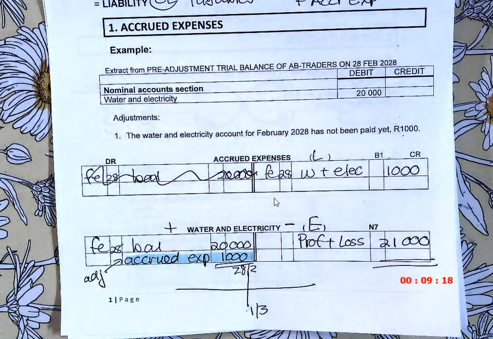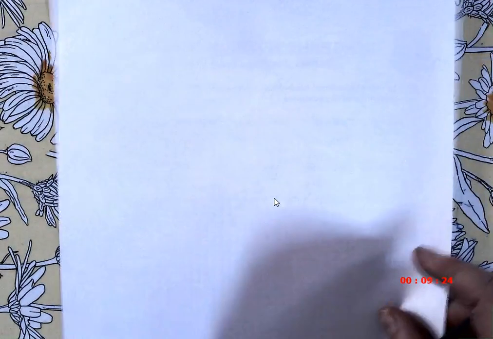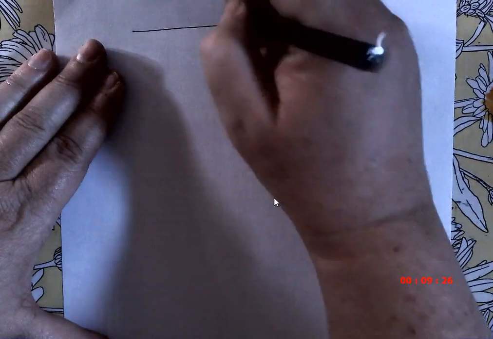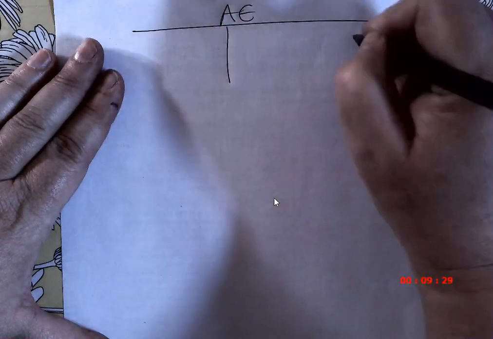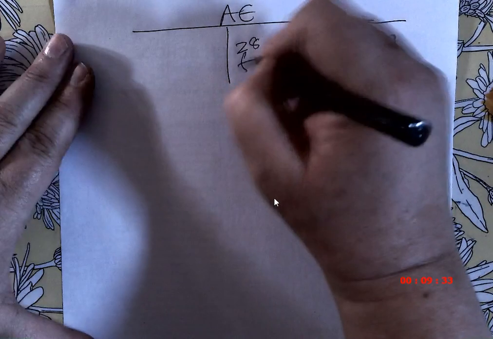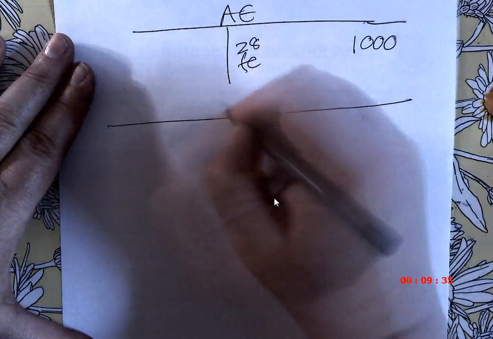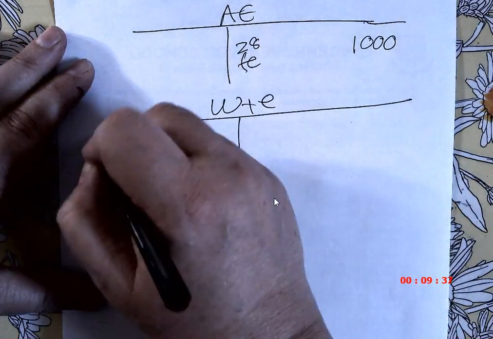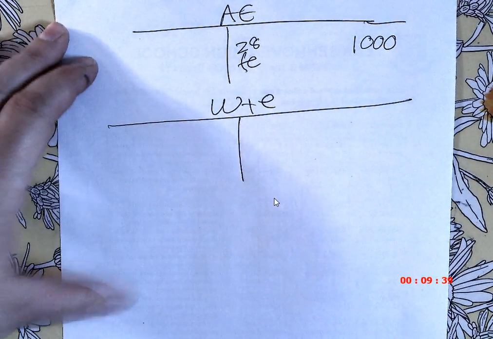Now, I want to show you something, and I want you really to concentrate. If I look here, I know I now have my accrued expense on that side, 1,000, on 28 February. And I have my water and electricity this side, absolutely nothing.